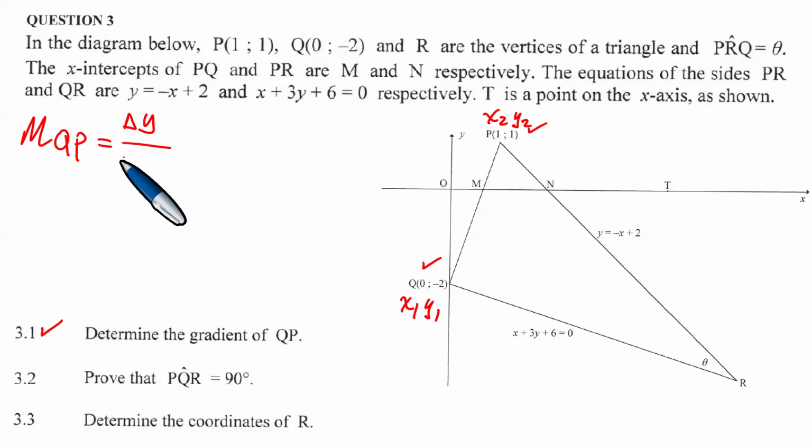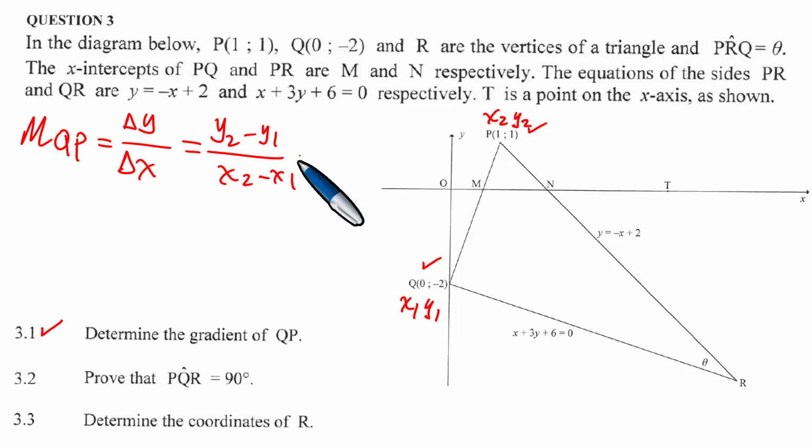So it is delta y over delta x, which is exactly the same as y2 minus y1 over x2 minus x1.